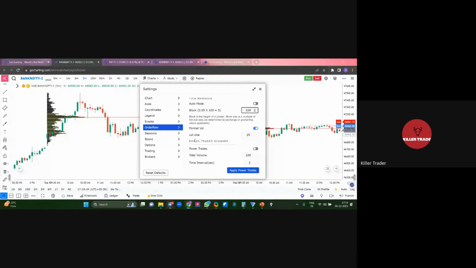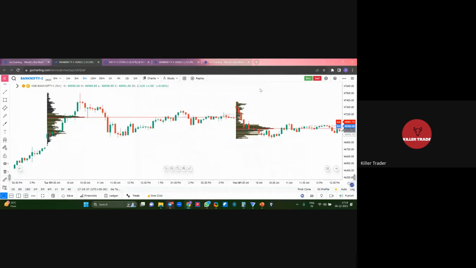For Nifty, I use a tick size of 40 to 60. It's not 100 lot, it is 100 ticks, which means 5 points. That's because I want to look at my volumetric data for every 5 points. These are based on my own personal calculations, which I tend to change based on the market volatility and the range of the markets.